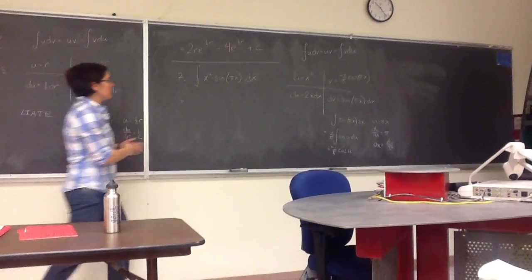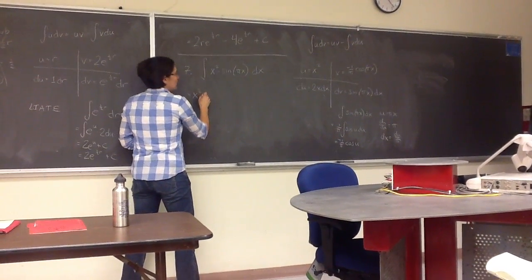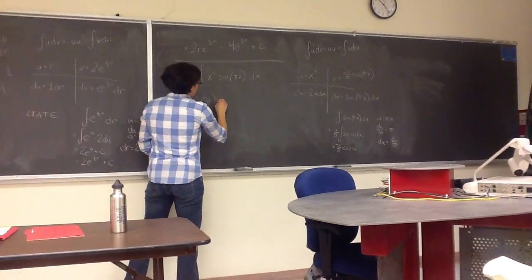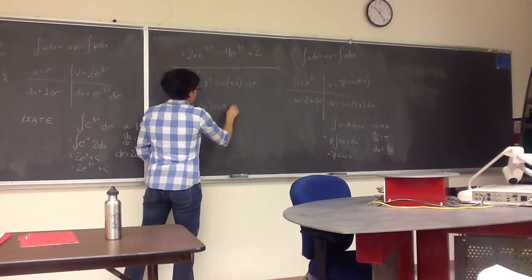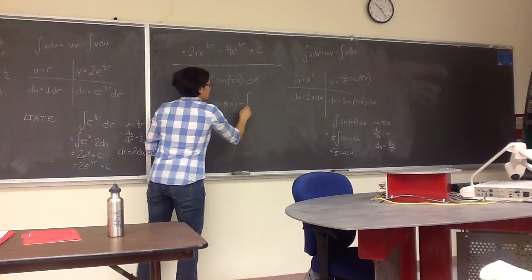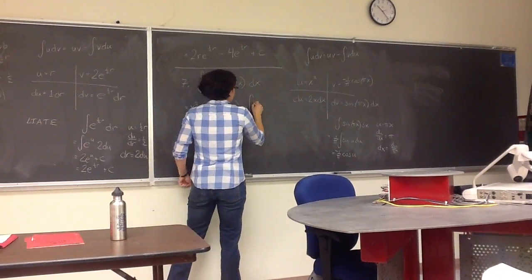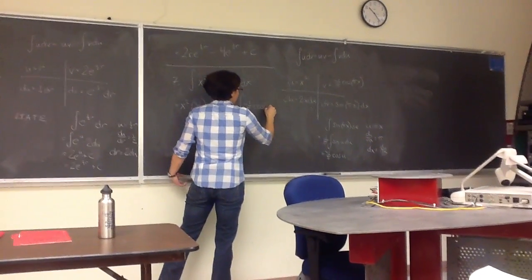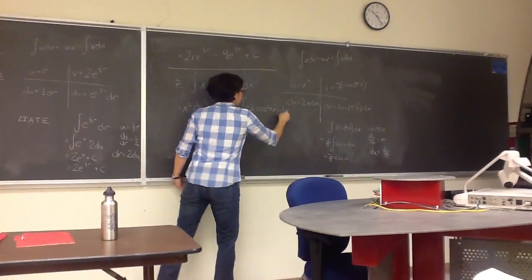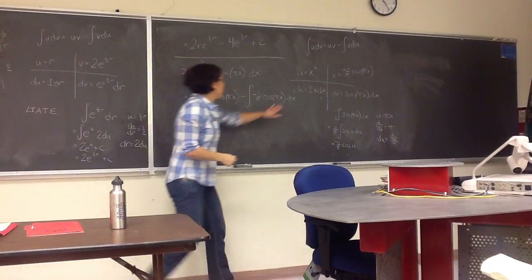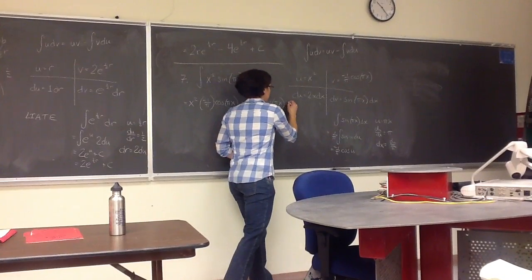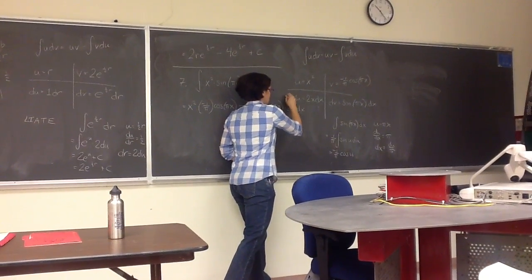And so we have u times v, so we have x squared times negative 1 over pi times cosine of pi x minus the integral of v, negative 1 over pi times cosine of pi x, times du, so times 2x dx.